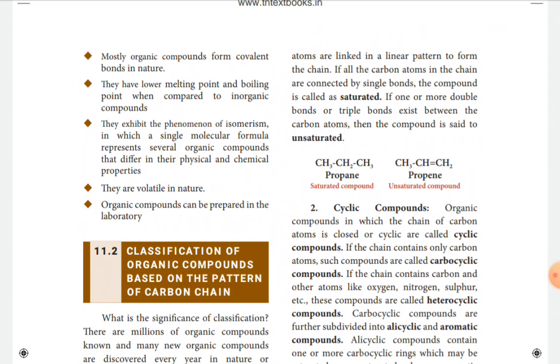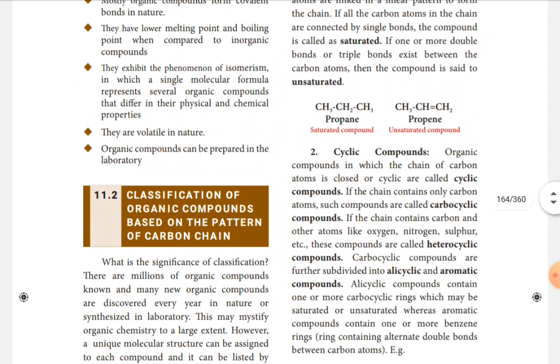Next one, they are volatile in nature. Volatile means it is the tendency, the behavior of a substance to evaporate at normal temperature and pressure.